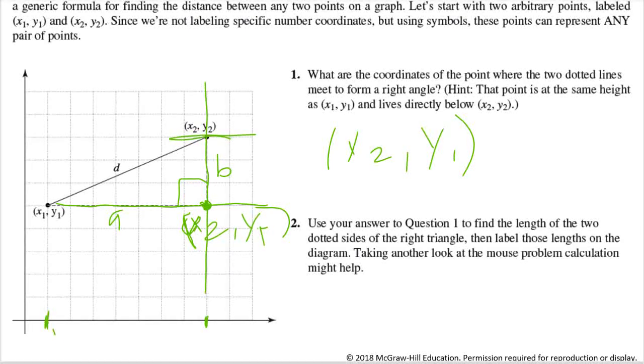The length of side A is just this length down here. So A equals x2 minus x1. And B equals y2 minus y1.